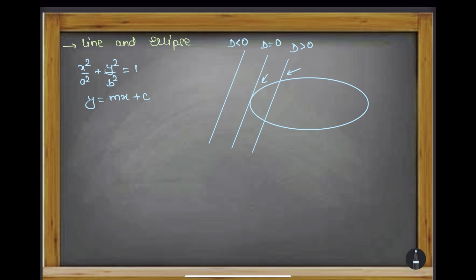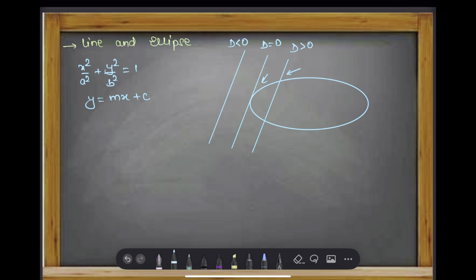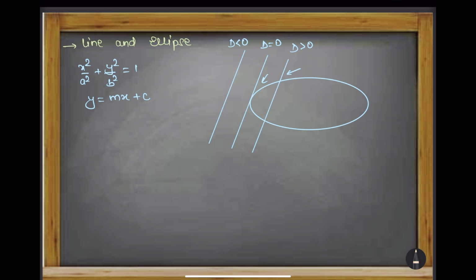So how will we interpret this? You have to apply the substitution method. You have to substitute the value of y in the curve and then simplify. I'll help you in the simplification because the condition for tangency is a little bit important. So I can write b square x square plus a square y square equals a square b square. I have taken the LCM, I did nothing else.